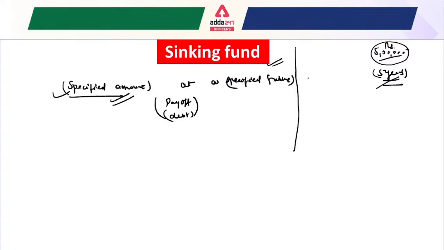If I say what are the different examples of the sinking fund, there are sinking funds used to pay off a debt. Whenever you have to pay off your debt, you simply deposit some amount at a periodic interval. Or you can also say it is used to redeem bonds. The term is also used when buying new equipment.